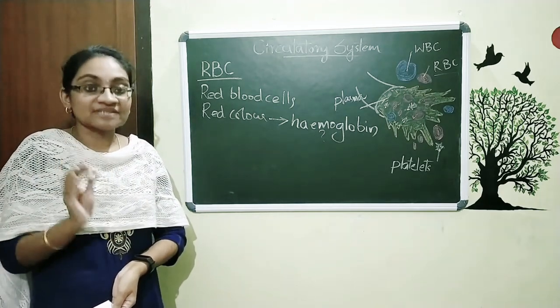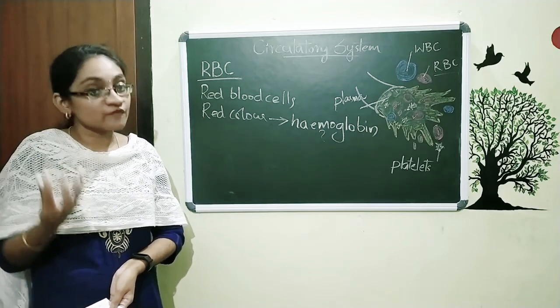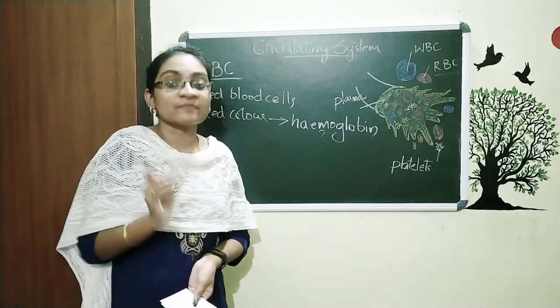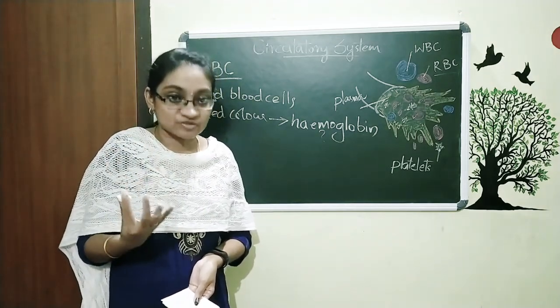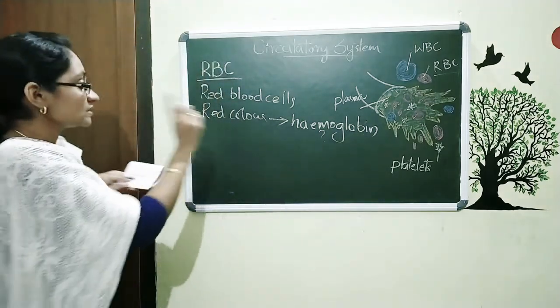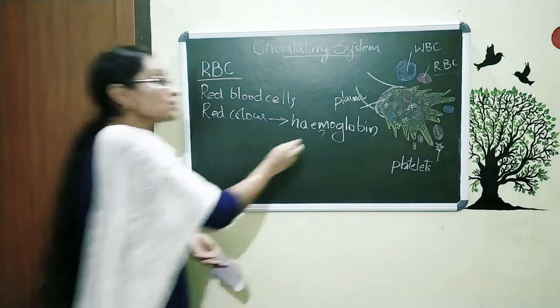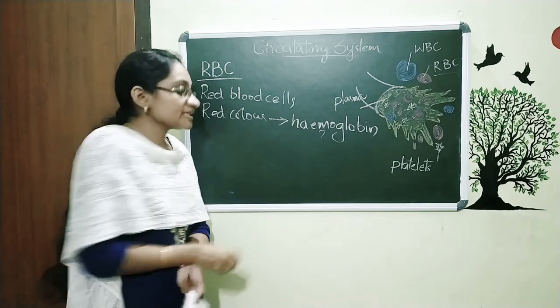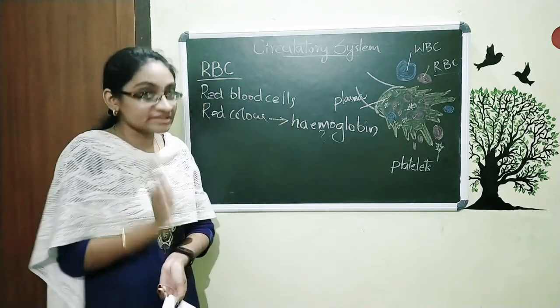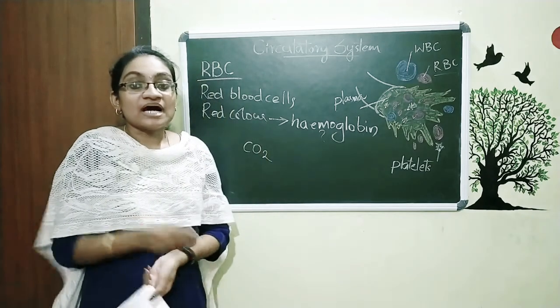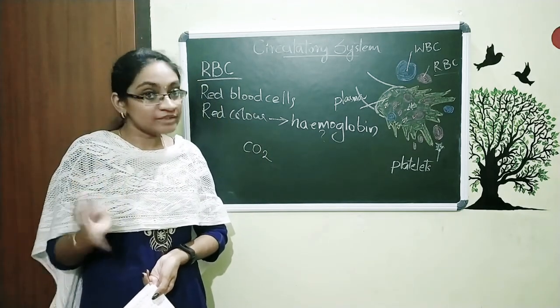All other parts need oxygen for their proper functioning. That is the function of hemoglobin. And also, hemoglobin takes carbon dioxide from other parts of our body to our lungs.